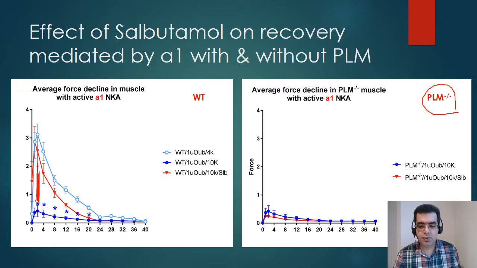There is almost no difference between the red and blue line. In other words, when we have alpha 1 plus phospholemman, which is the case in wild type, the recovery effect of salbutamol is maximum. But when we have only alpha 1 without phospholemman, there is no adrenergic recovery effect.